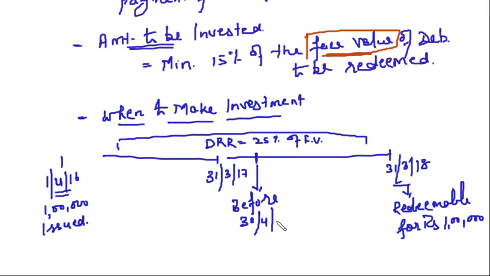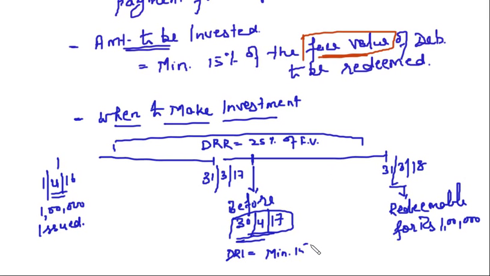30th of April 2017. So for the debentures which are redeemable on the 31st of March next year, that is 31st March 18, you have to create DRI equal to minimum 15% of face value, and this is to be created before 30th of April of the year.